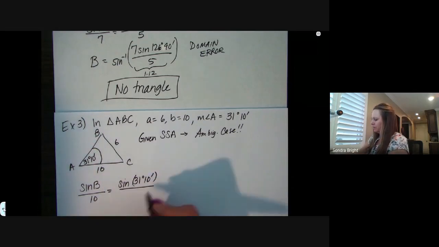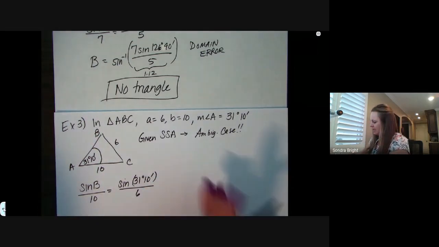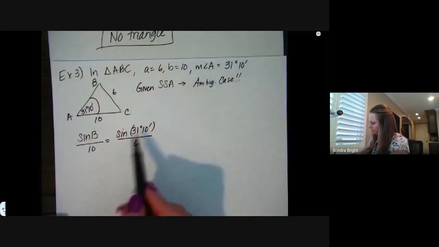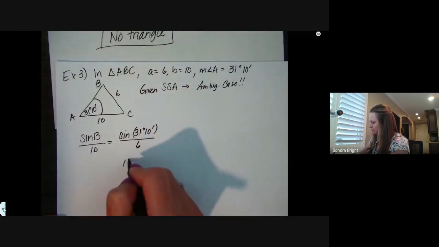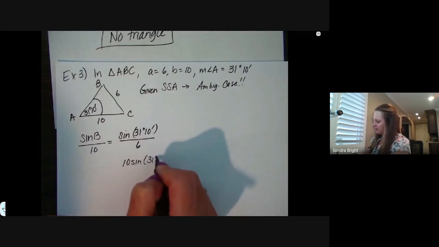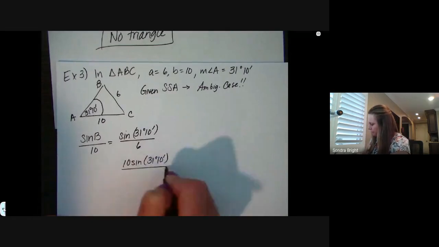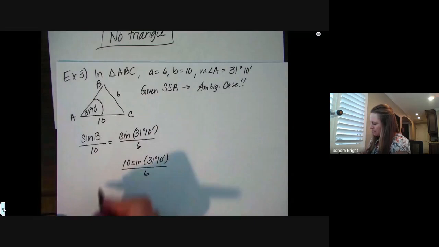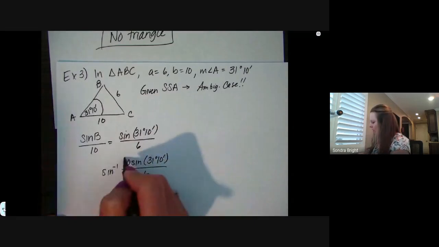Then you'll multiply both sides by 10 and take the inverse sine, so that's what angle B will equal.